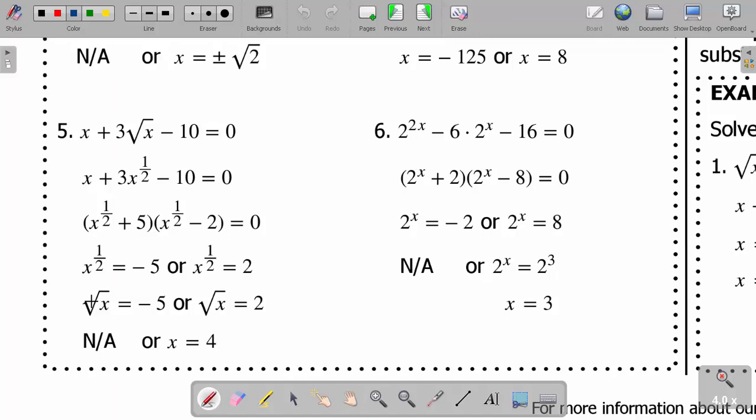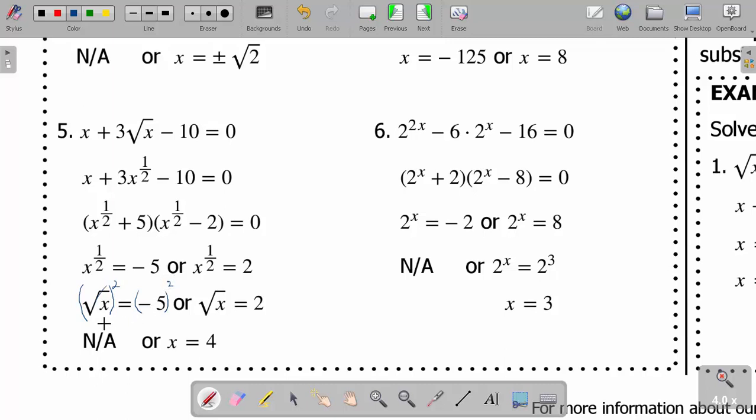We're going to have something like this now. Power a half means square root, but now I'm squaring both sides. If I square both sides here and here as well, this square cancels with the root sign. Okay, what's negative 5 squared? It's going to give me 25.